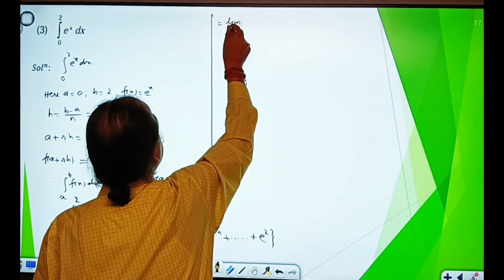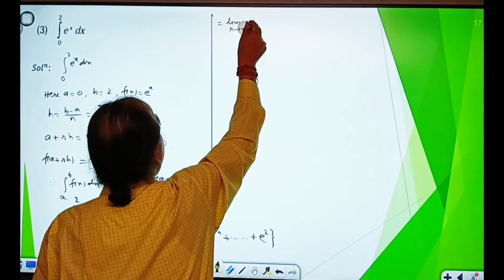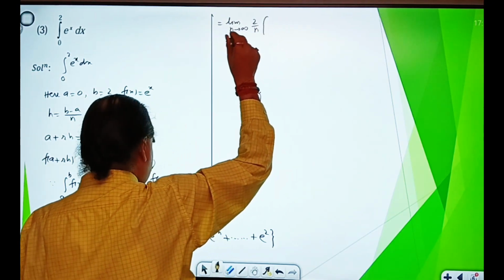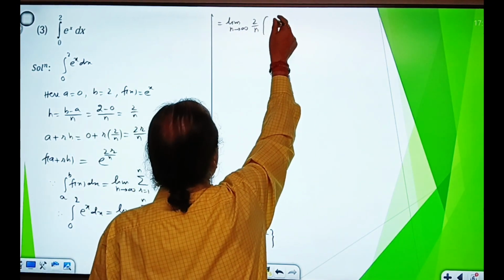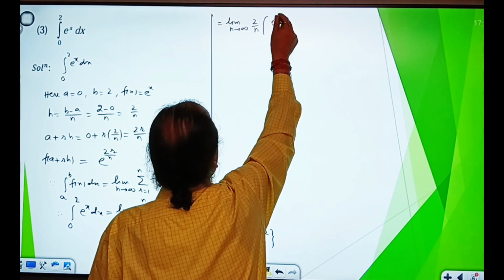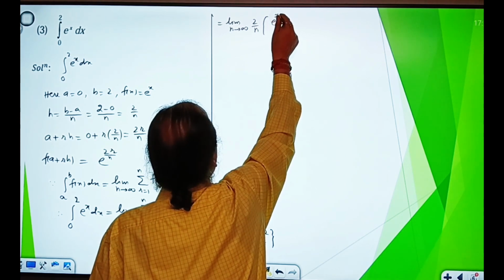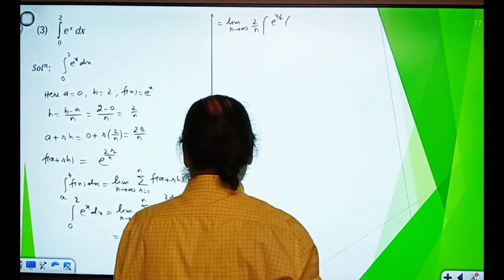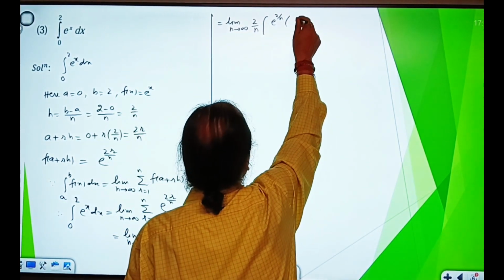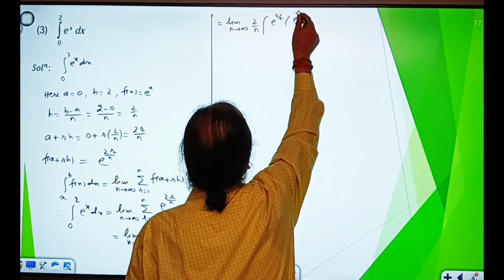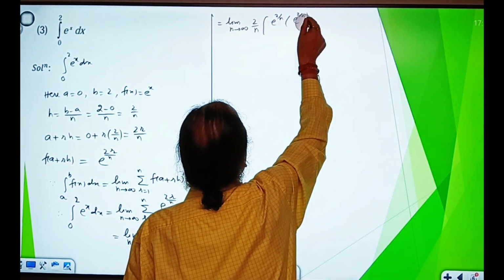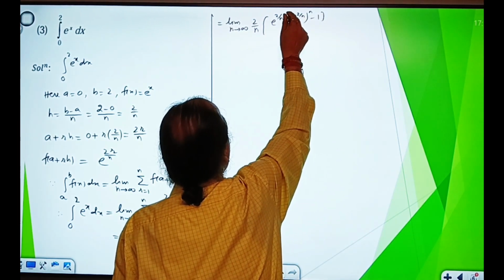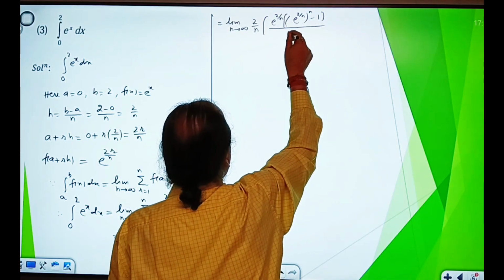Limit n tends to infinity 2 by n into bracket a, e raised to 2 by n is a, into r raised to n minus 1. So e raised to 2 by n raised to n minus 1, divided by r minus 1.